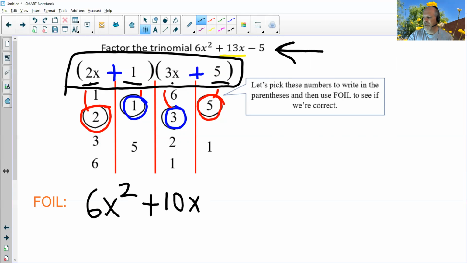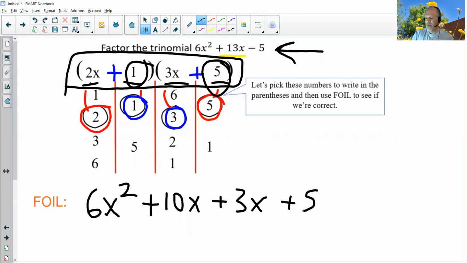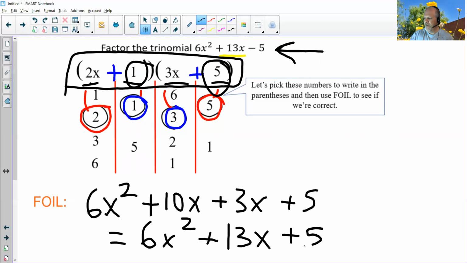Inside times inside gives me plus 3x. And then finally, last times last is positive 1 times positive 5, which is plus 5. Combine my like terms gives me 6x squared plus 13x plus 5.